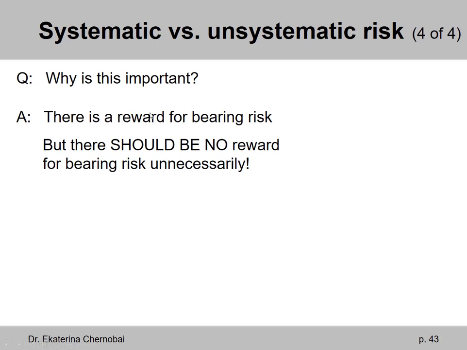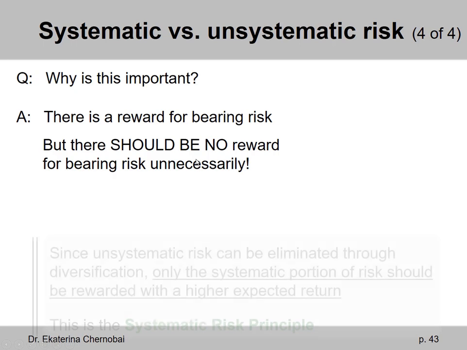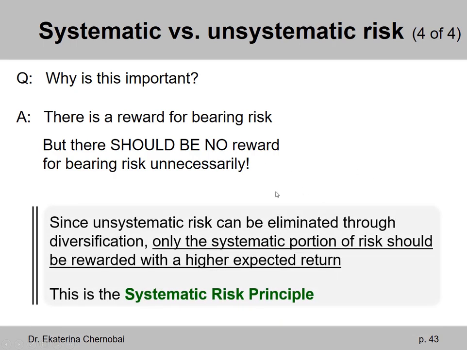So there is a reward for bearing risk. However, there should be no reward for bearing risk unnecessarily. And what this refers to is the so-called diversifiable risk, or so-called unsystematic risk, that you can eliminate by adding more and more stocks to your portfolio.